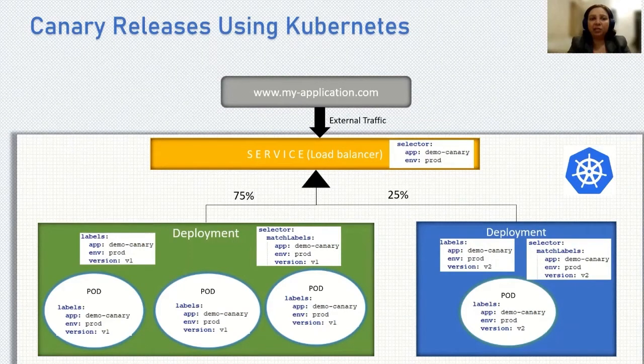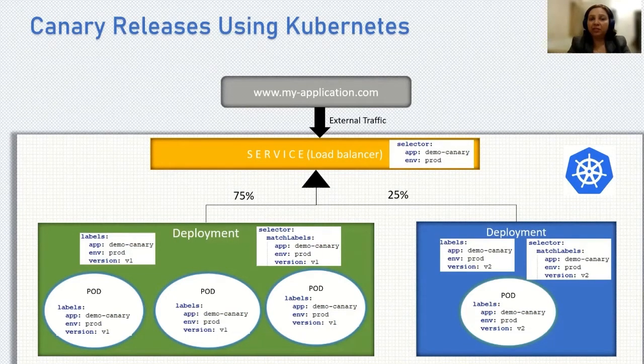You'll create an identical duplicate deployment of the Demo Canary service using the same labels as the original deployment of this service and add some additional labels to differentiate between the deployments. Here I am using the label version with values v1 and v2 to differentiate between two deployments.